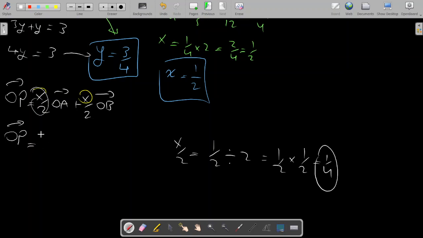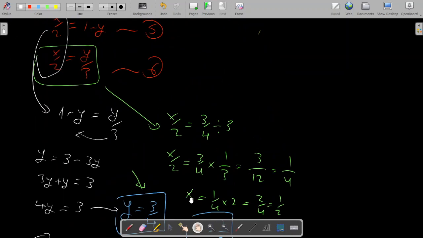So OP is going to be equal to a quarter of the OA vector plus a quarter of the OB vector. Okay. Now that's the form that we reached, right? So we are saying that OP is representing a quarter of OA and a quarter of OB.